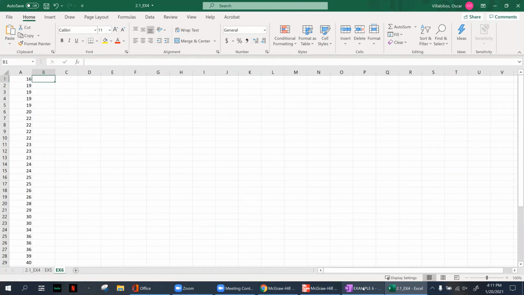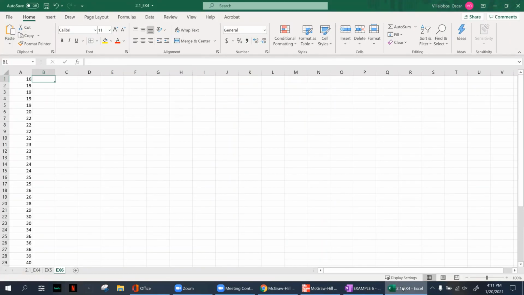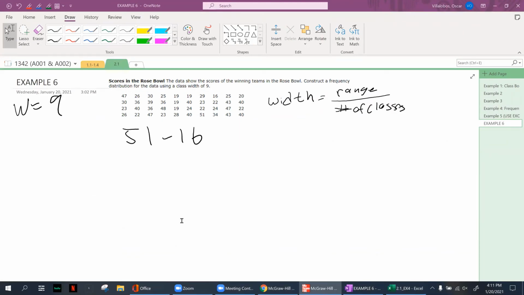So 51 minus 16, that's going to give me my range, and this is going to be 35. So my range is 35.